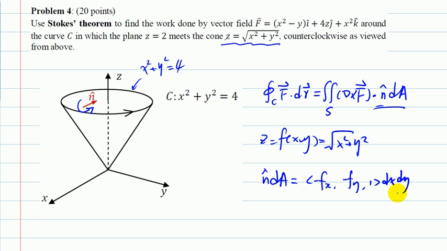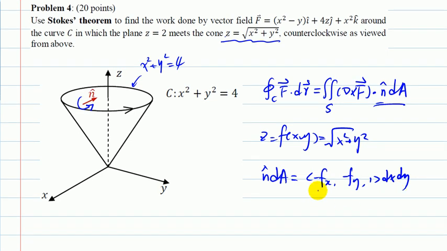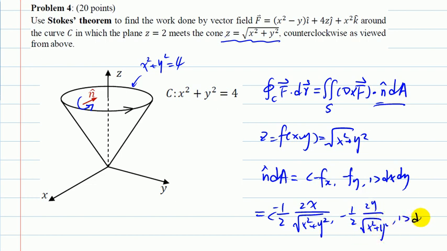You calculate partial f with respect to x and partial f with respect to y from here. What you're going to get is negative 1 over 2, the negative is from the negative sign. Partial f with respect to x is 2x over the square root of x squared plus y squared, and for this one you get 2y over the square root of x squared plus y squared, and 1, dx dy.